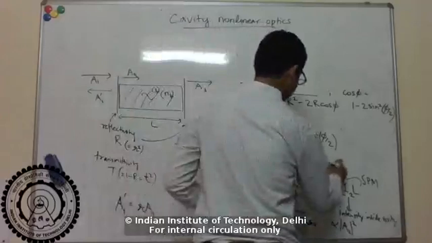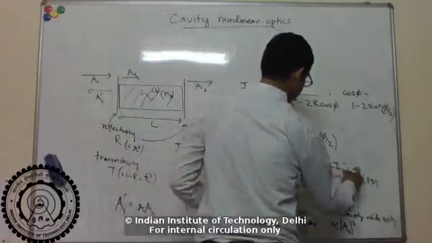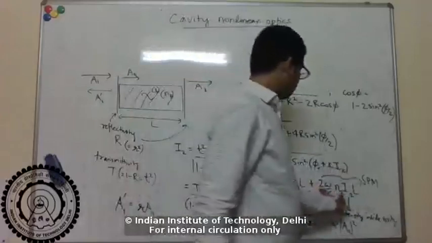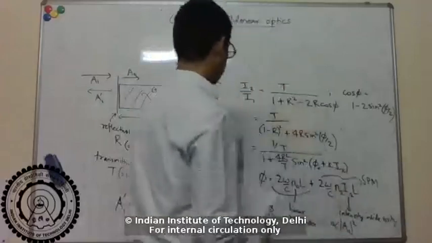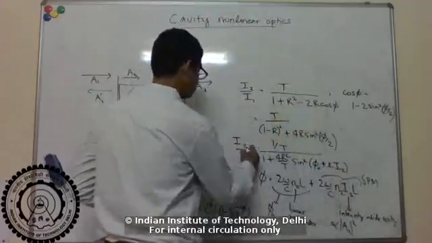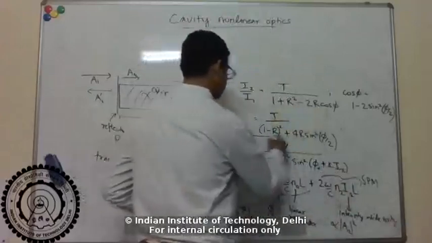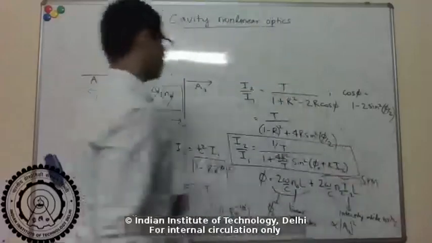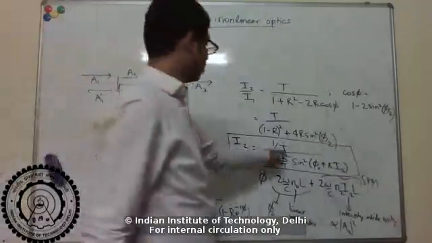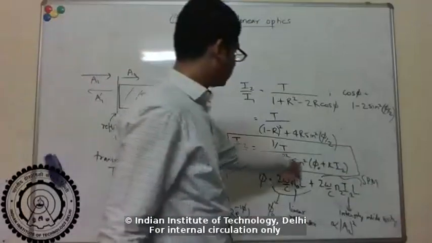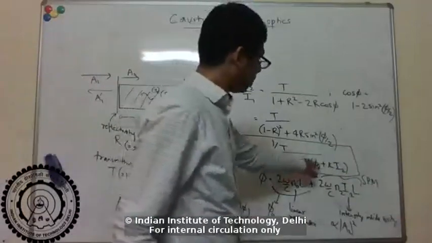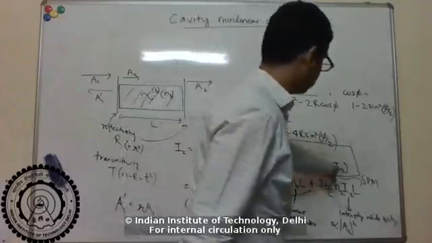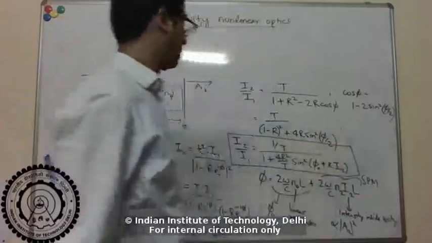Plus the second term is something proportional to the intensity I2, so I call that constant kappa. So basically I get this expression for I2 by I1: 1 over t and then 1 plus 4r square by t sine square phi naught, which is the linear phase independent of intensity, plus something proportional to intensity.